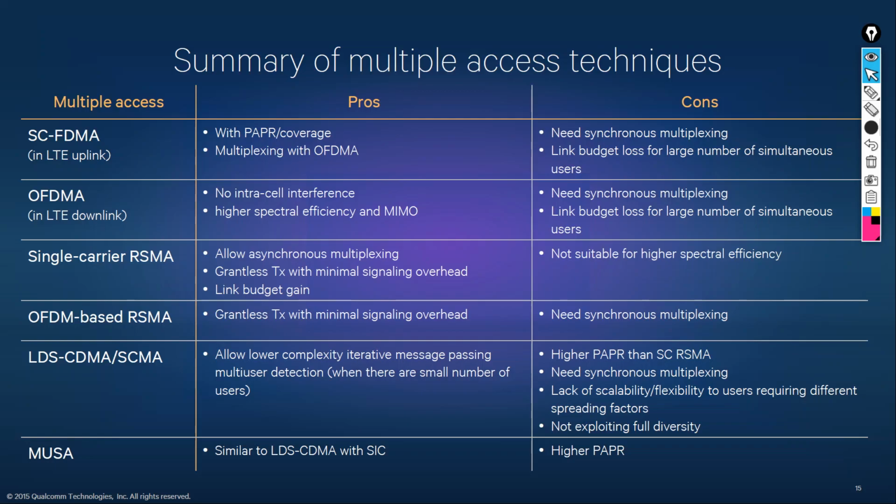Now, each one of them has advantages and disadvantages, but all of them were proposed. Some of them have a peak-to-average power ratio issue, some have intercell interference. Each one has advantages, of course, because if you didn't have advantages, you wouldn't have proposed it, yes? But on the other side, you have disadvantages. So the one with the maximum advantages and minimum number of disadvantages can convince the market.